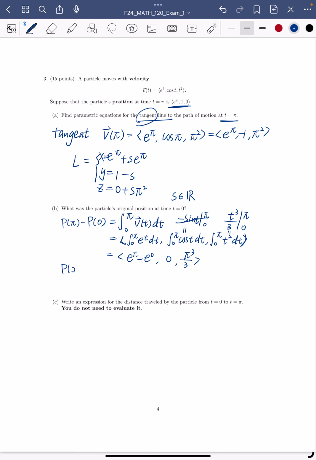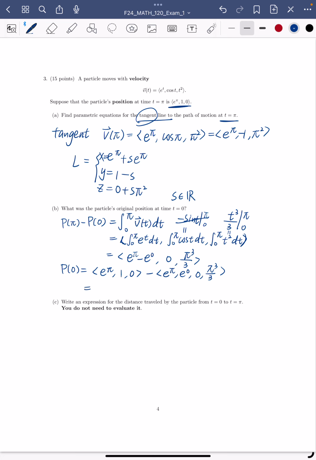Now P0 is P of pi minus that vector, e to pi, 1, 0, minus, okay.